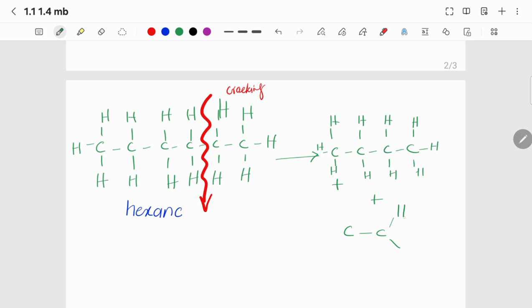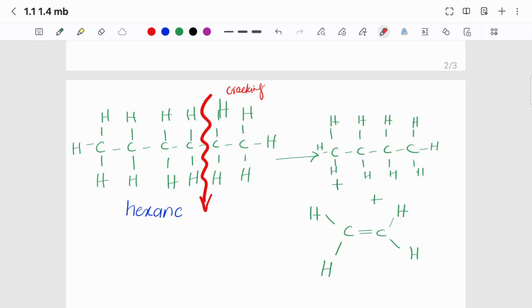For the other molecule, let me attach these 4 hydrogens with it. Now the valency of these 2 carbon atoms is not satisfied. Each carbon is making only 3 bonds. So in order to satisfy the valency, I have to put a double bond over here. Now you can see that it has 6 carbons and 14 hydrogens in total, like the molecule that we initially took.